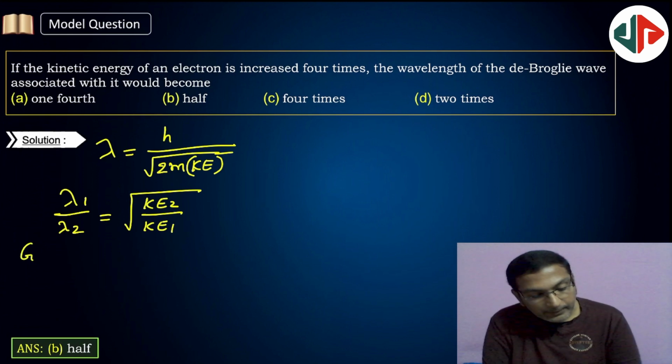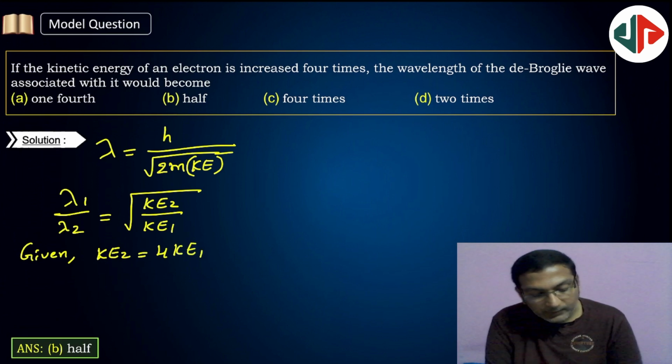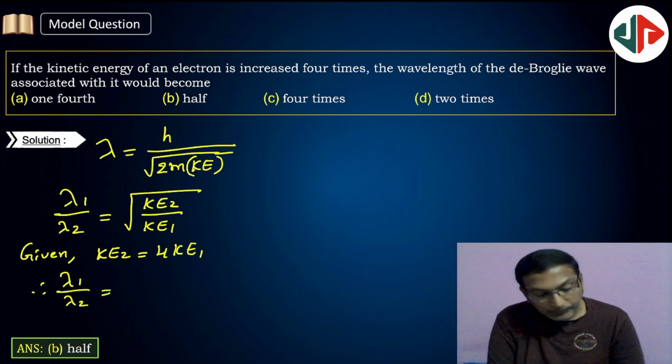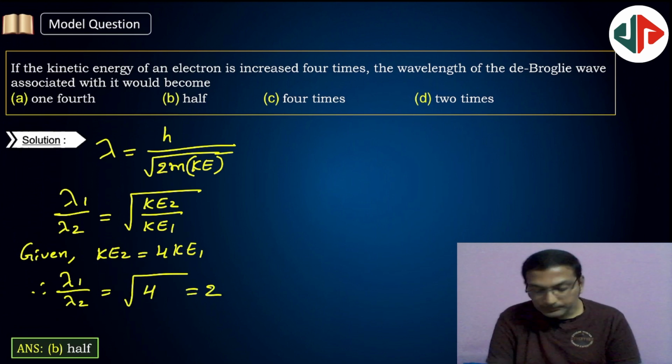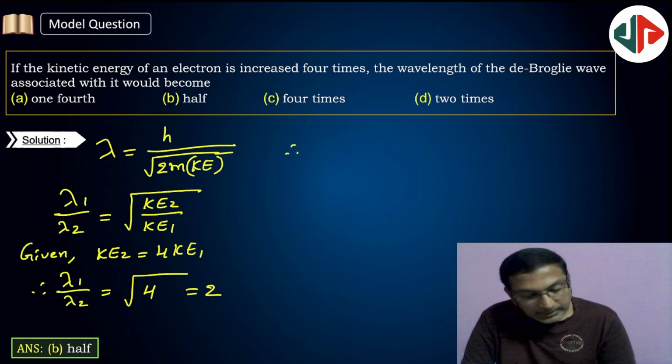Here it is given kinetic energy increased by 4 times. That means KE2 equal to 4 into KE1. So therefore lambda 1 by lambda 2 equal to root over 4, which is 2. So from this lambda 1 equal to 2 into lambda 2.